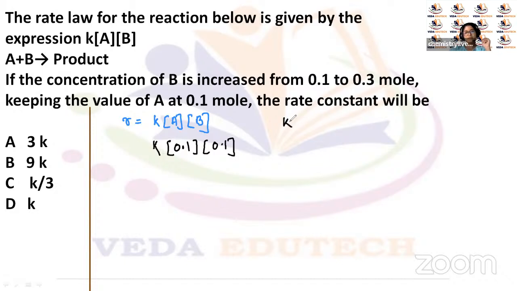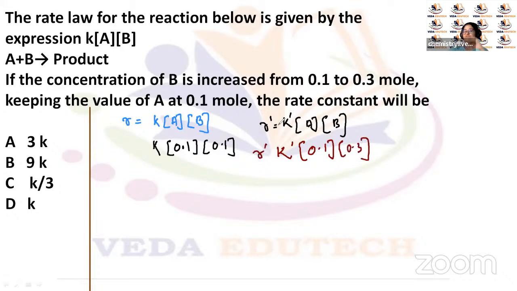Then what happens, children? A is 0.1, B is 0.3.